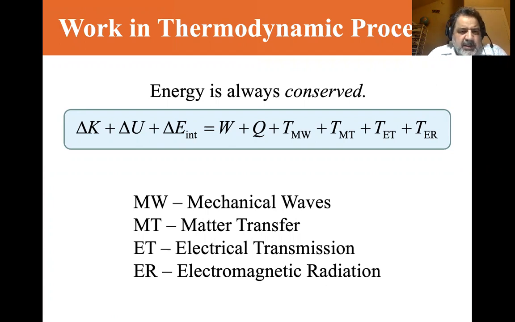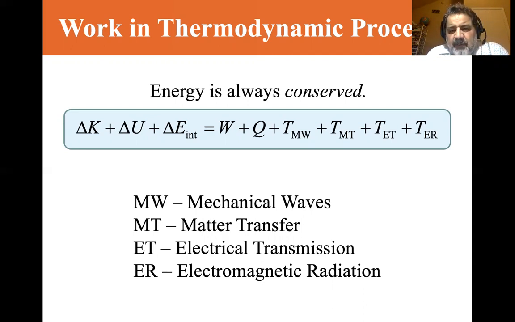equation, and it's the change in kinetic energy plus the change in potential energy plus the change in internal energy equals the work plus the heat added to the system plus the transfer by mechanical waves plus the transfer by matter transfer plus the transfer by electrical transmission plus the transfer by electromagnetic radiation.